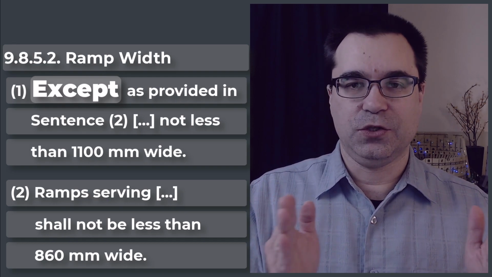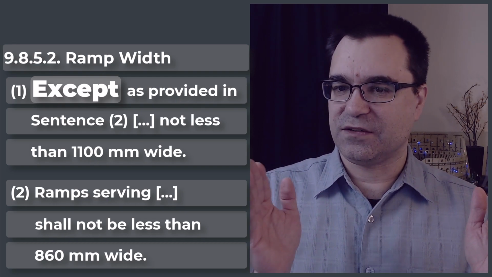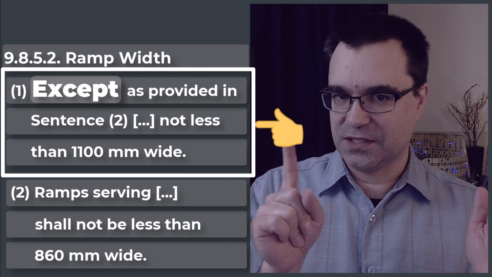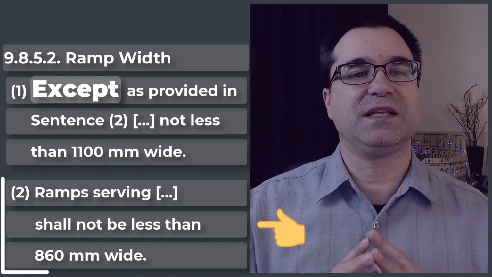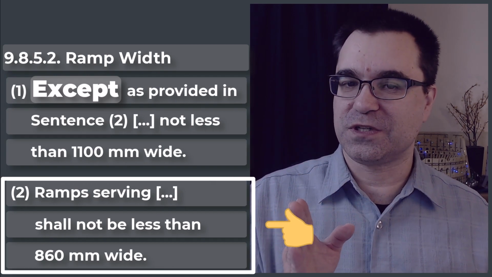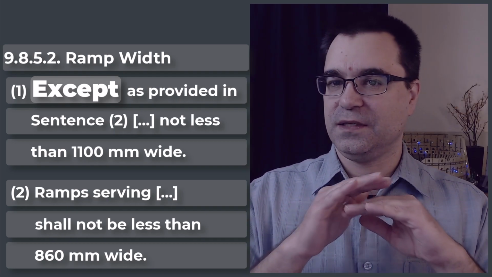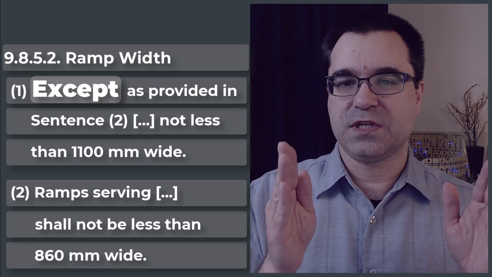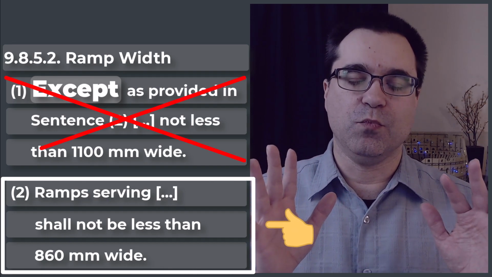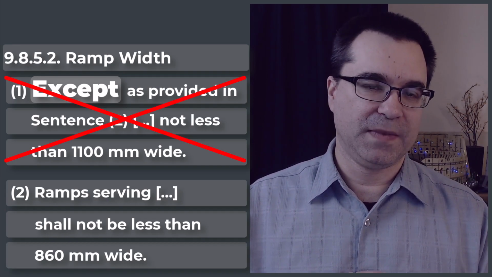Well then, you don't proceed with reading the rest of this sentence, sentence 1. You actually go and check sentence 2 first, right? Check this first. If sentence 2 applies, then you stop and you use sentence 2. You don't even worry anymore about sentence 1.